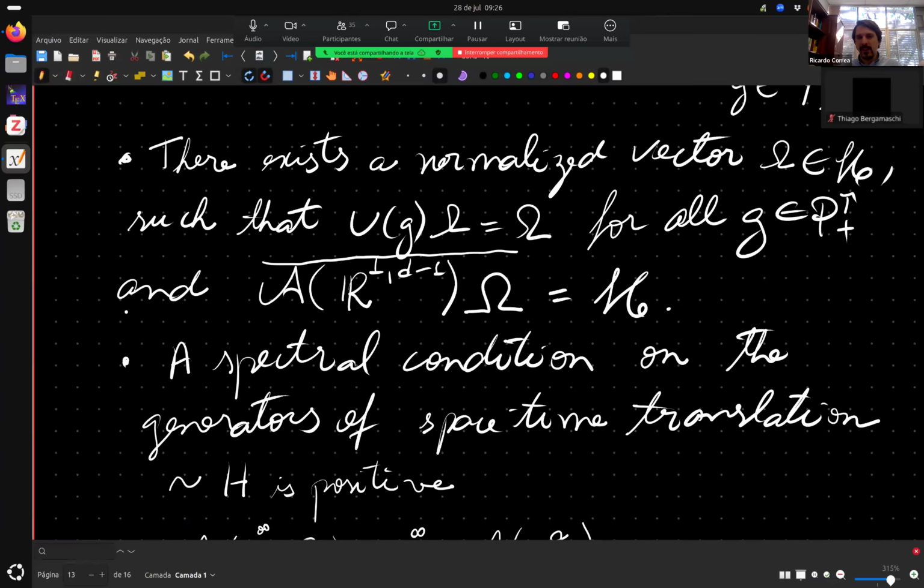So basically, any state can be constructed by non-local procedures, non-local steps acting on the vacuum.